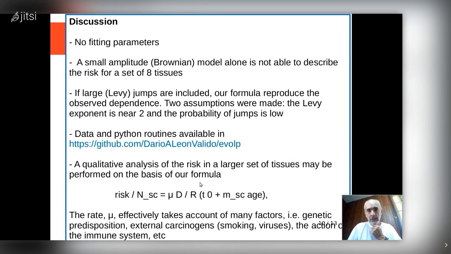Then we use a common constant, which is mu d over r, and we shall try to explain how this constant varies from tissue to tissue. That is, we give a qualitative explanation of why for some tissues this magnitude is higher or lower.